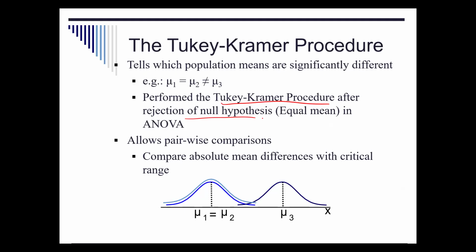If they are all equal, then no Tukey-Kramer test is needed. Only if at least one population mean is different can we perform the Tukey test. The Tukey test allows pairwise comparison. You take two population means at a time and compare them with a critical range.